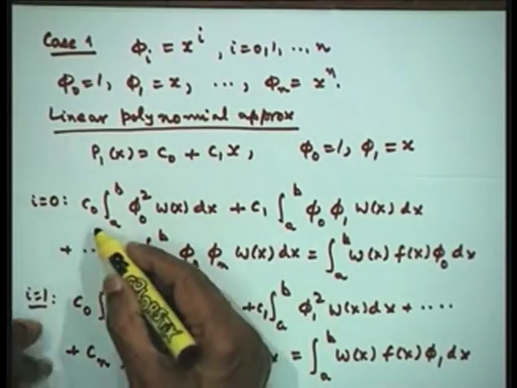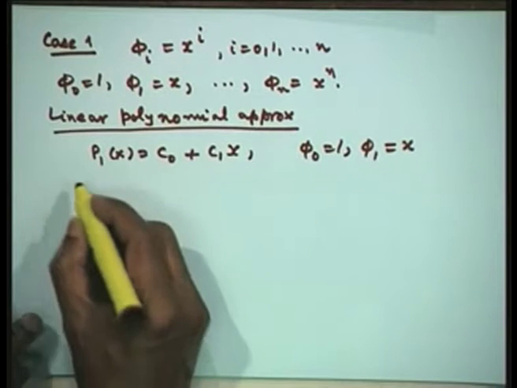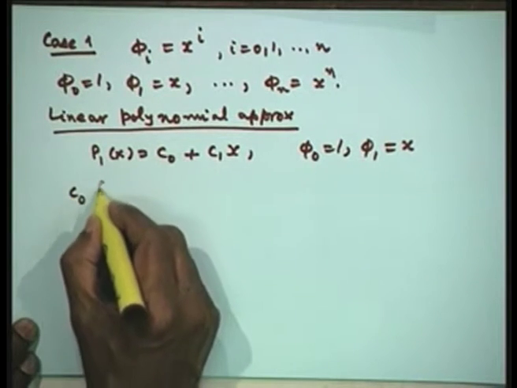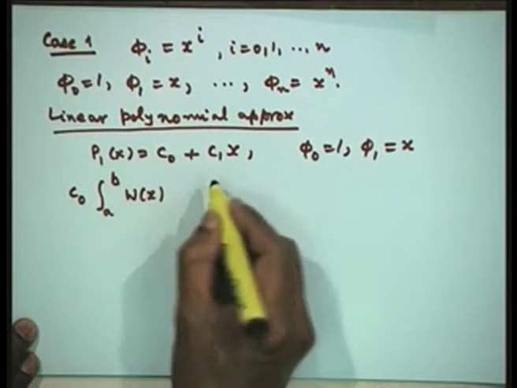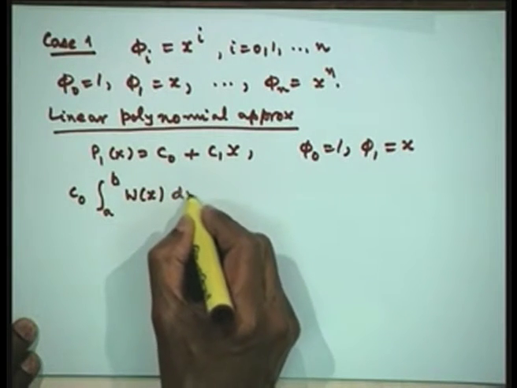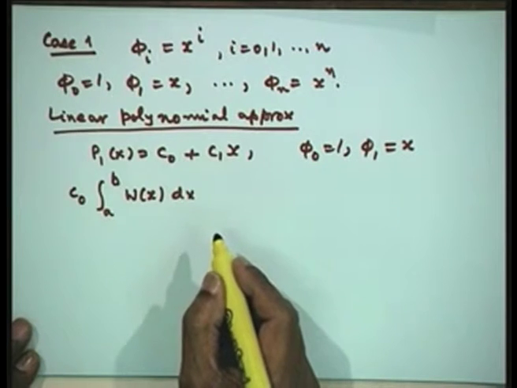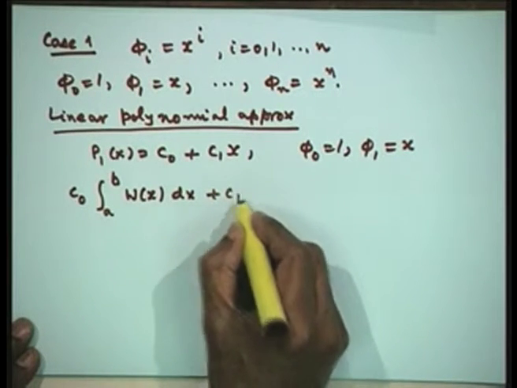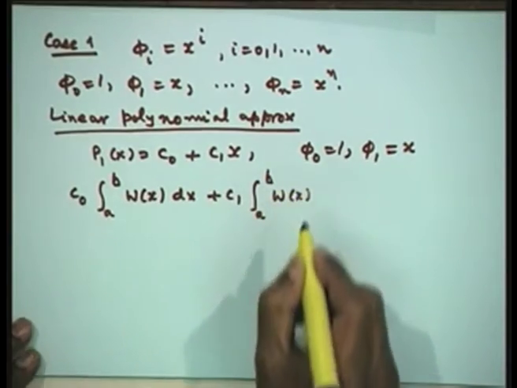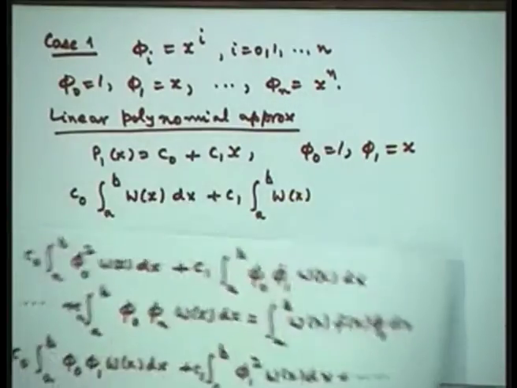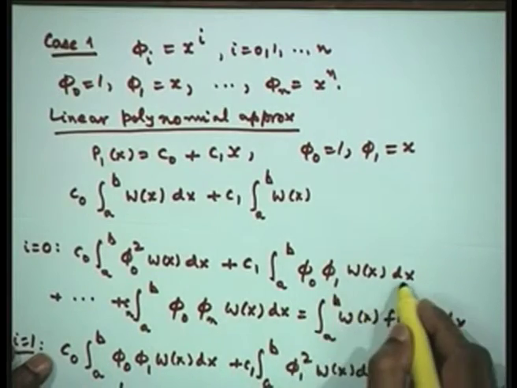and then I can write down the equations. Therefore, the first equation will read as c0 integral a to b w(x) into phi 0 square, that is simply 1, therefore, it is w(x), plus c1 integral a to b, the second term is phi 0 phi 1 w(x) dx.